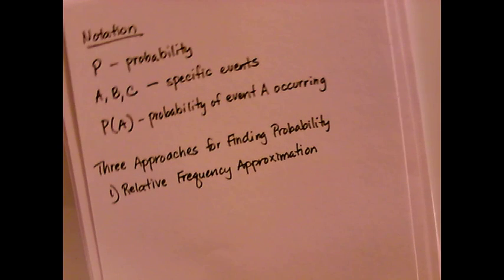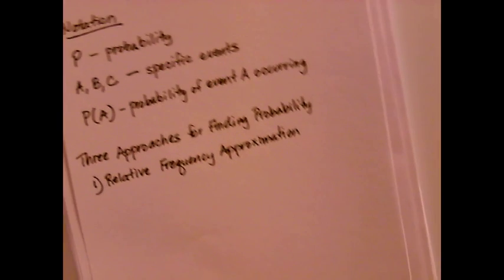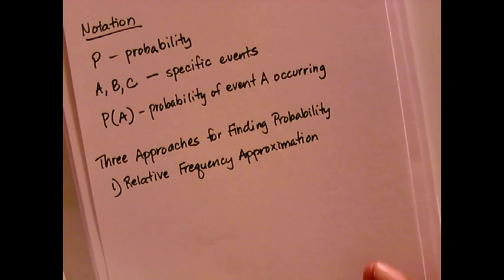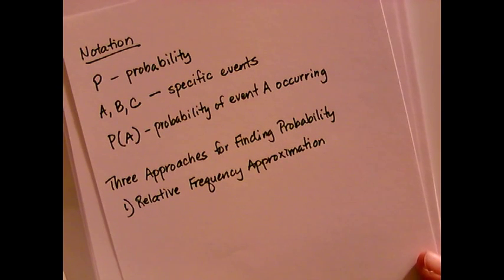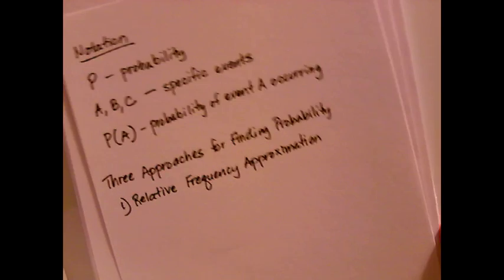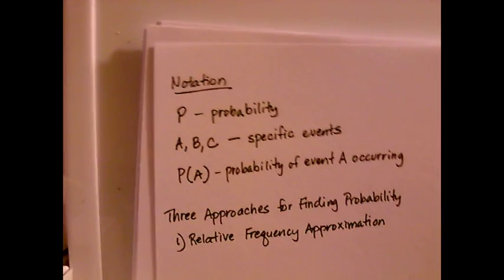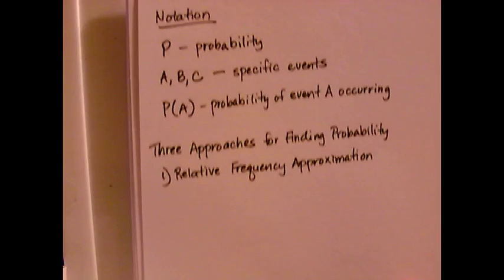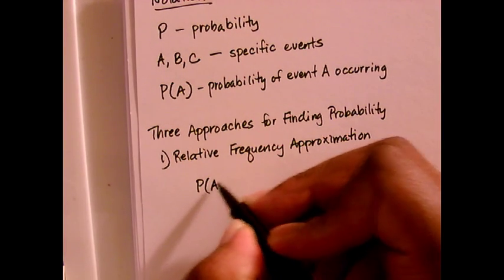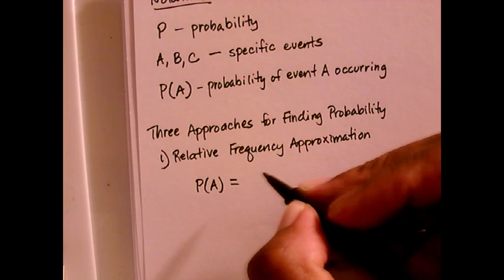With this one, you conduct or observe a procedure, and then you're going to count the number of times that event A actually occurs. Okay, so in other words, in this notation, the probability of event A occurring would be this.